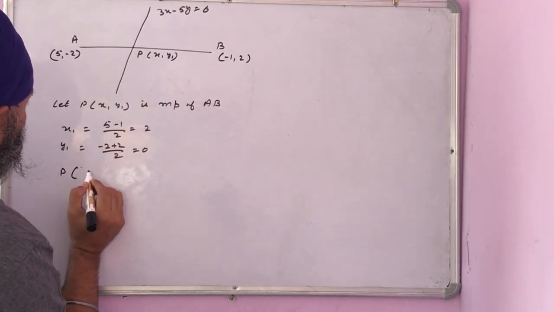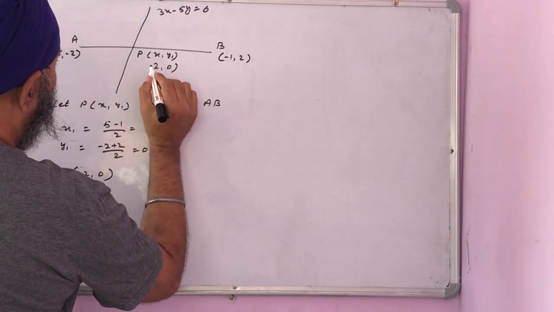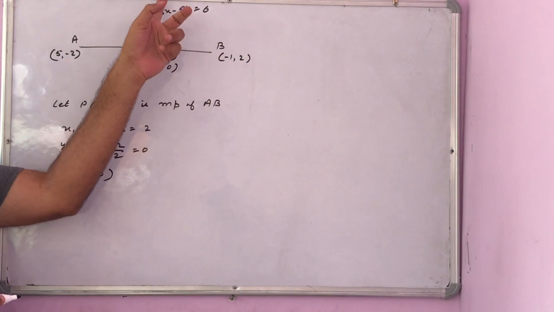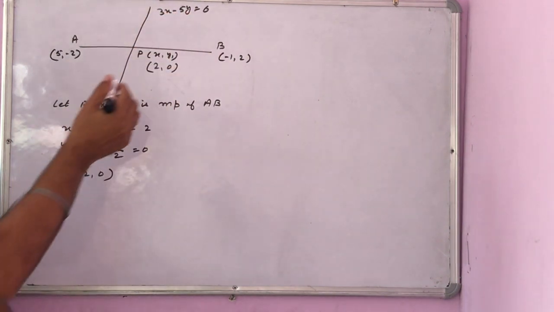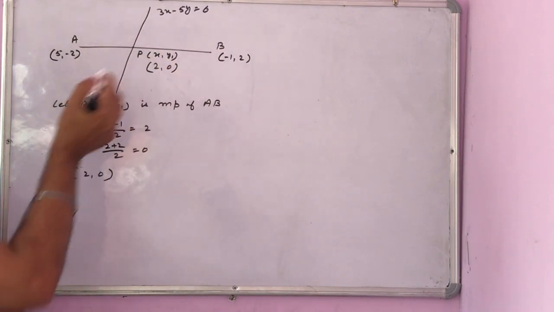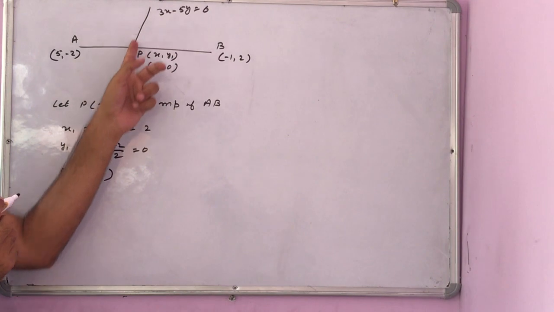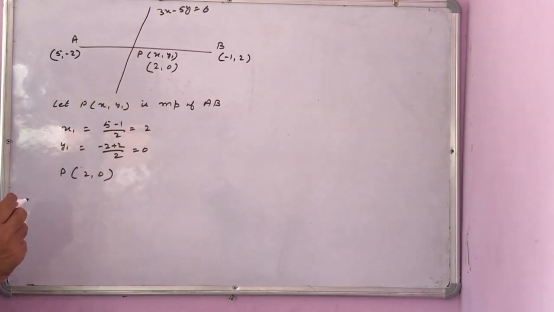Midpoint P is (2, 0). So I have to find whether this point (2, 0) lies on this line or not. If this point lies on this line, then this line will bisect, otherwise not.